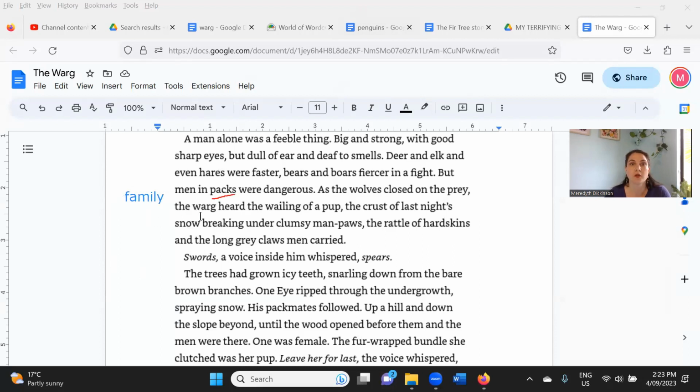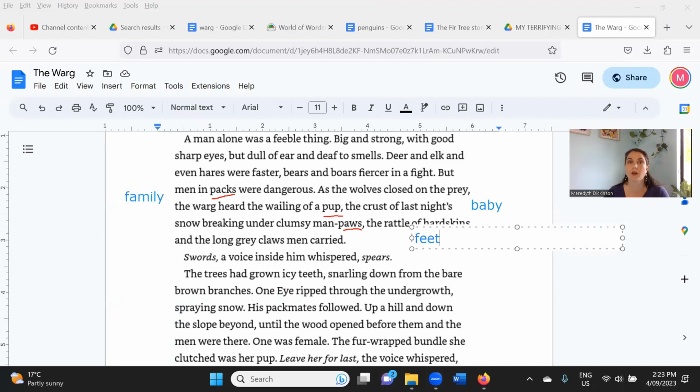The wolf closed on the prey. The Warg heard the wailing of a pup. Here, what he means is baby. And the crust of last night's snow breaking under clumsy man paws, meaning feet. And the long grey claws they carried. Now it clarifies down here: swords, spears.